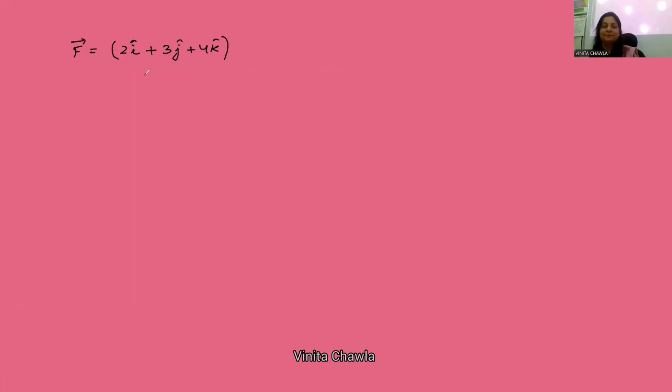Easy. A constant force 2 i cap plus 3 j cap plus 4 k cap newton produces a displacement of 2 i cap plus 3 j cap plus 4 k cap meter. What is the work done?